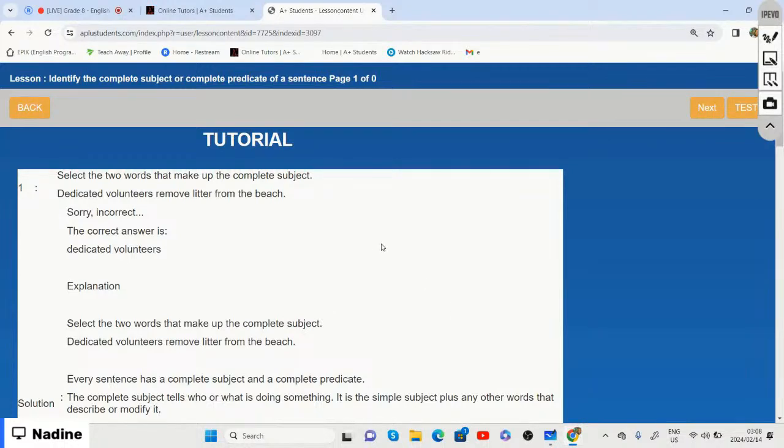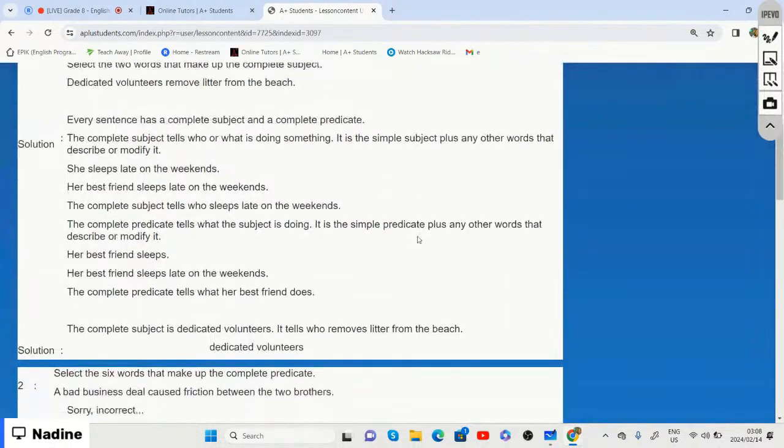When we select the predicate or the subject of a sentence, it says every sentence has a complete subject and it has a complete verb or predicate. The complete subject tells us who or what is doing something.